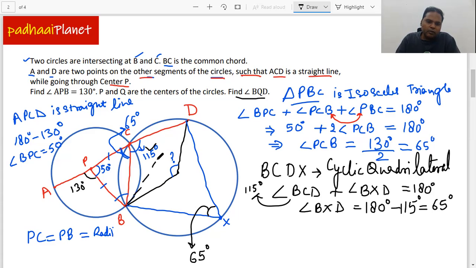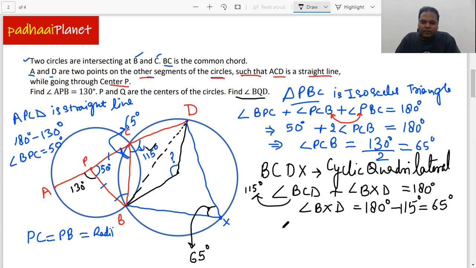And we also know that if an angle is subtended by a chord, suppose BD is a chord, then this angle is subtended by the chord BD on the larger segment of the circle. So the angle subtended by this chord BD at the center will be double of this angle. That's the theorem which we have already understood.